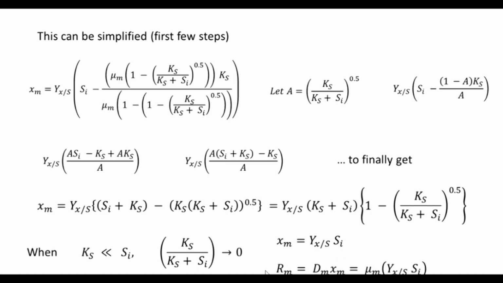And the productivity Rm would be Dm times Xm. Okay, that's our definition of productivity that we saw earlier. And Dm is mu m, therefore we have replaced it with mu m. Xm would be Yxs times Si, so that would be mu m times Yxs times Si.